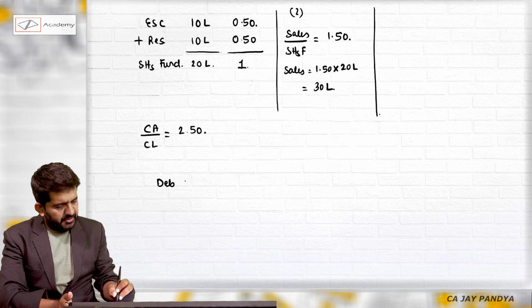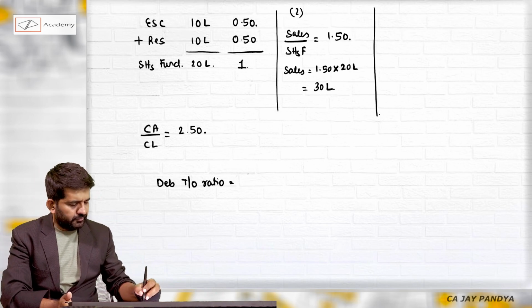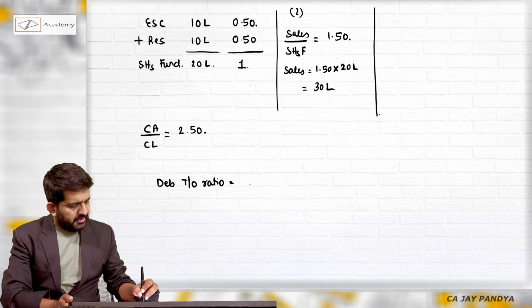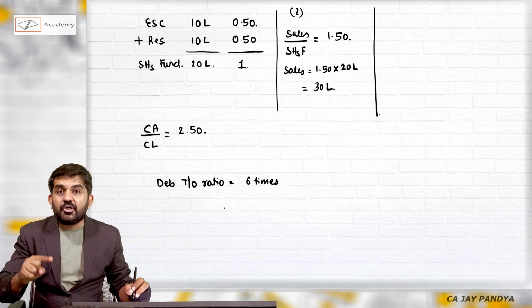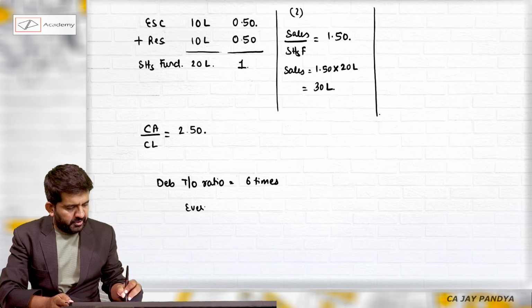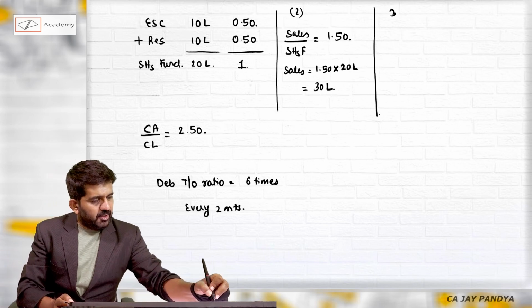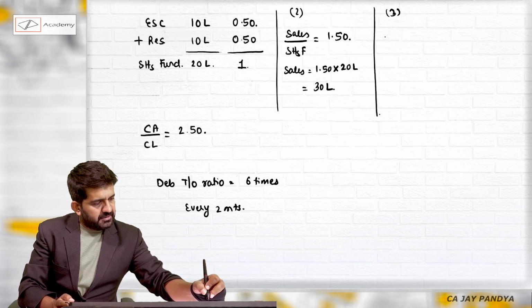Let me even explain you. Debtors turnover ratio is nothing but 6 times. It turns over 6 times in 1 year, so it will turn over every 2 months. I can find out credit sales or debtors.